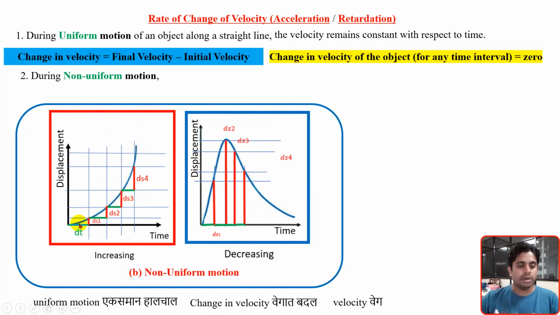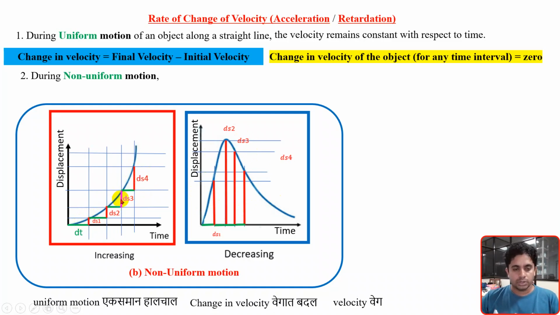For these time intervals, if I take the corresponding change in displacement ds1, ds2, ds3 and ds4, what we can observe is ds1 has the smallest magnitude and ds4 has the highest magnitude. From ds1 in increasing order, the displacement has increased. So displacement is increasing from ds1 till ds4.